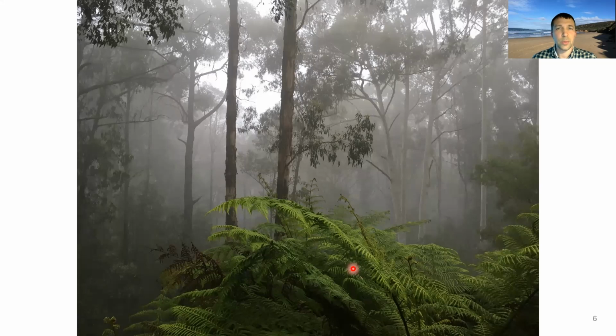This is pretty reminiscent of a typical winter day where there's a lot of fog around. But this picture was actually taken in the summer. And unfortunately, this isn't fog. This is smoke from the bushfires that were running riot out in Gippsland and elsewhere in the summer of 2019 and 2020.